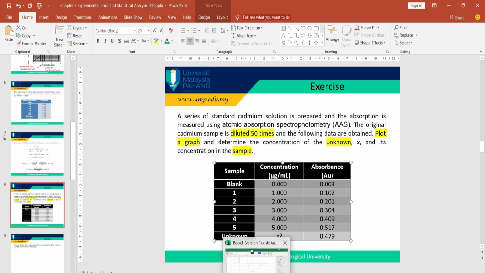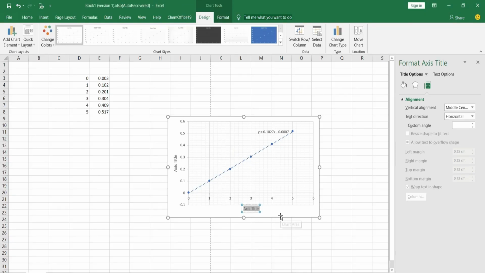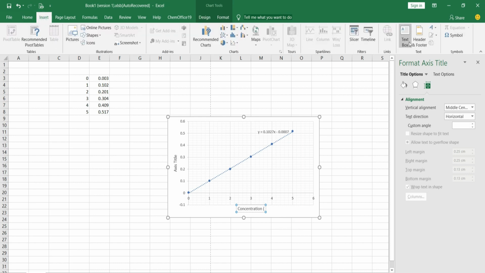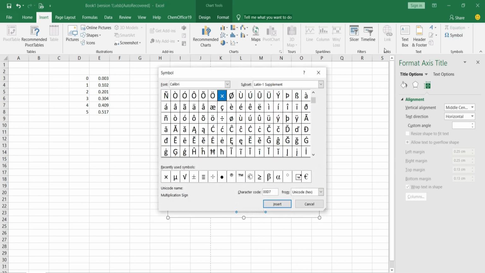So write down the concentration and its unit, microgram per mL.